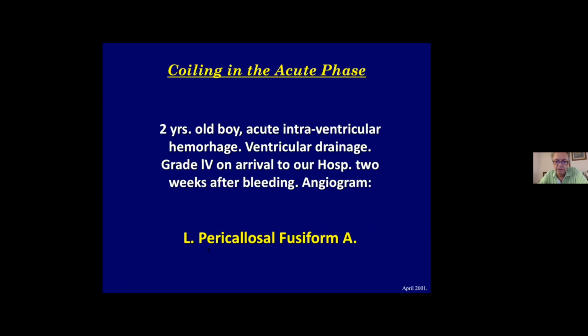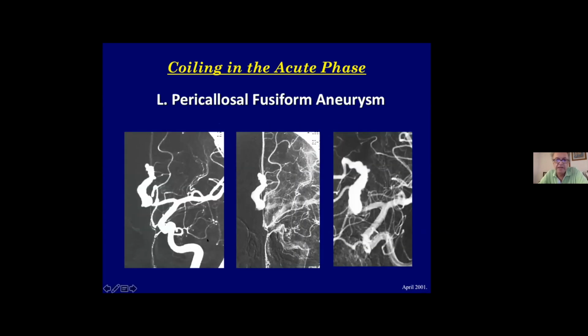And this patient has a pericallosal aneurysm. This is oblique projection. This is A1, A2, and this is a fusiform aneurysm, AP view.